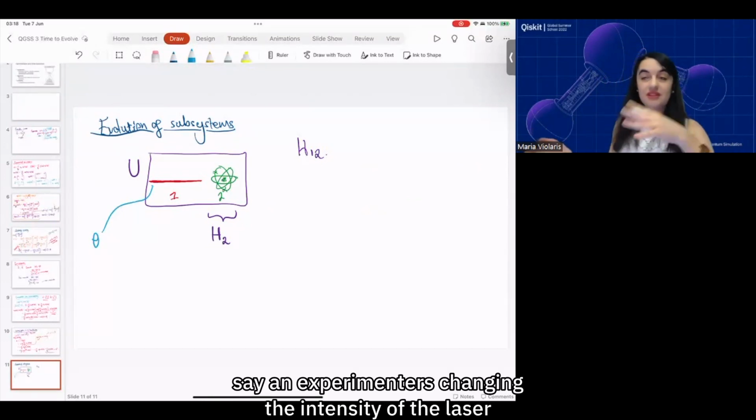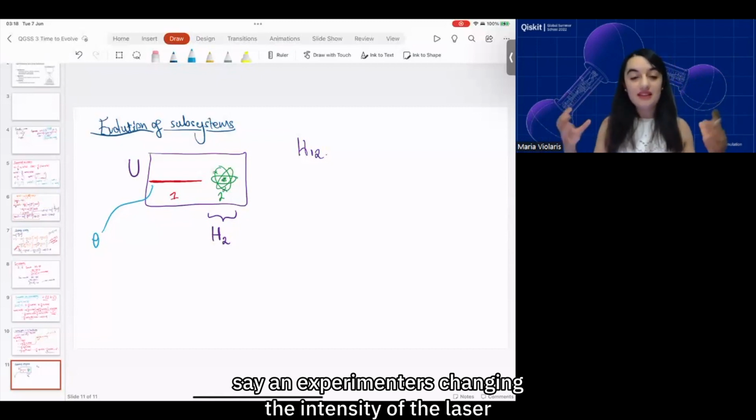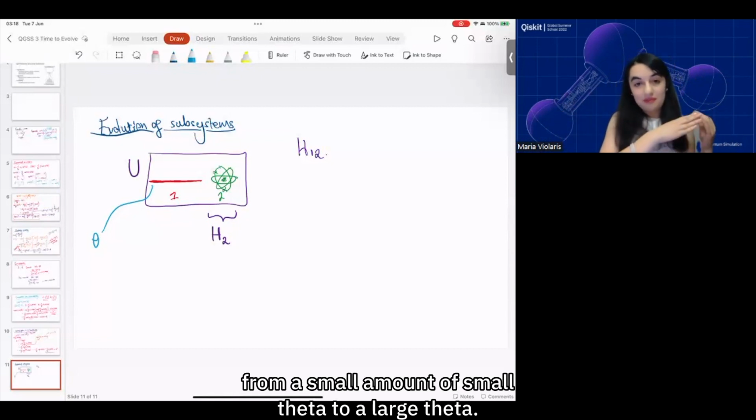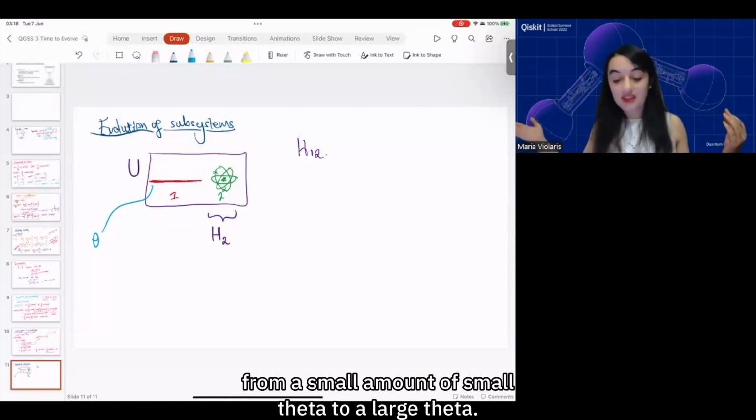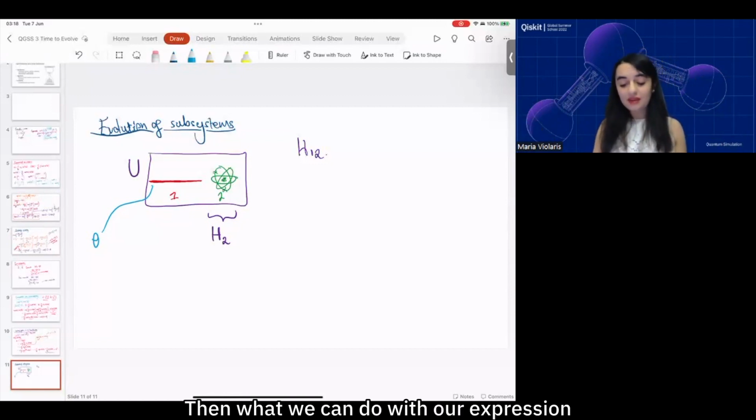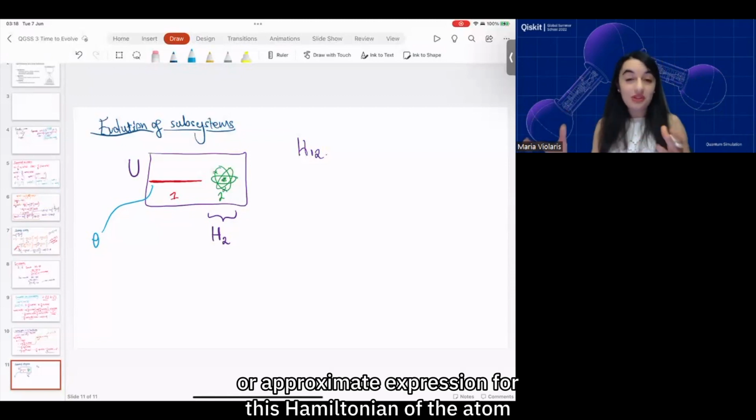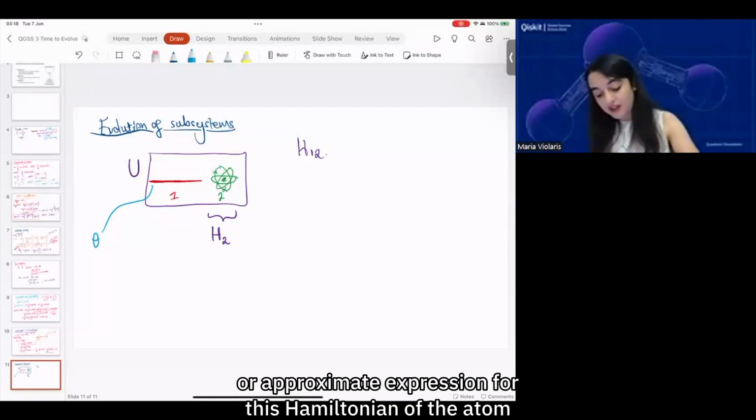Say an experimenter is changing the intensity of the laser from a small theta to a large theta.